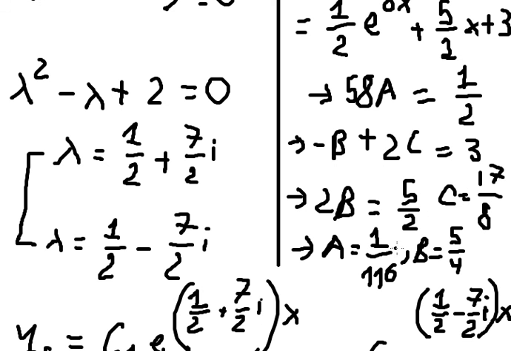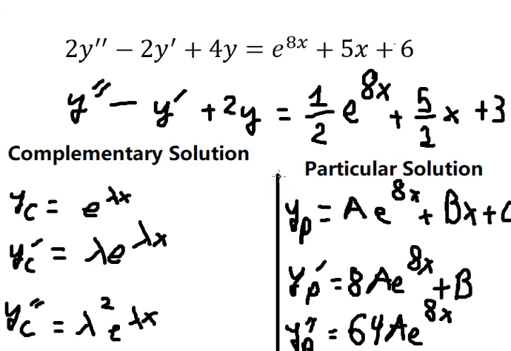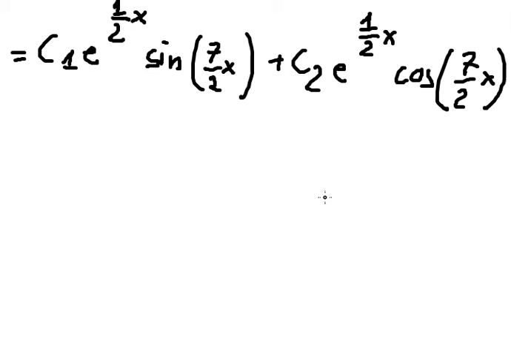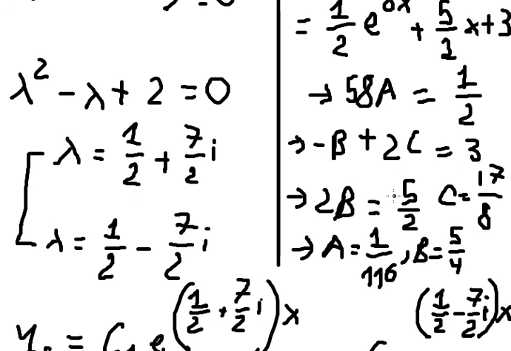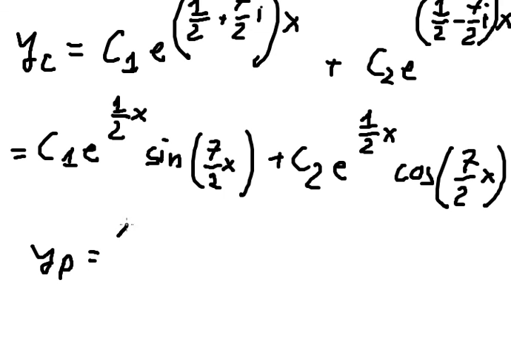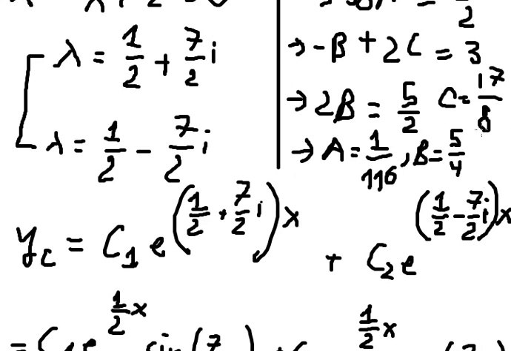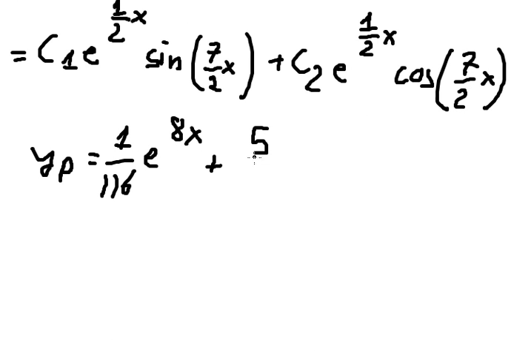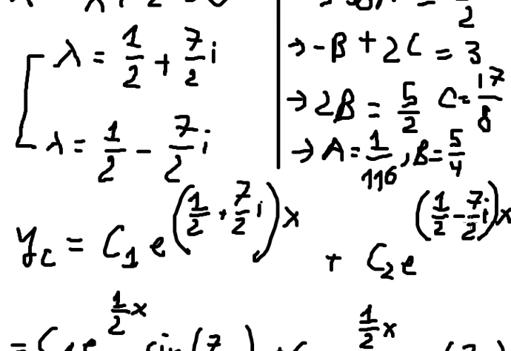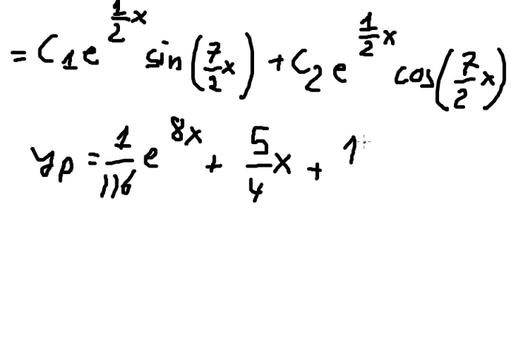And now I will put A, B, C going here. So A equals 1 over 16 e to the power of ax, B we have 5 over 4 x, and C is 17 over 8.